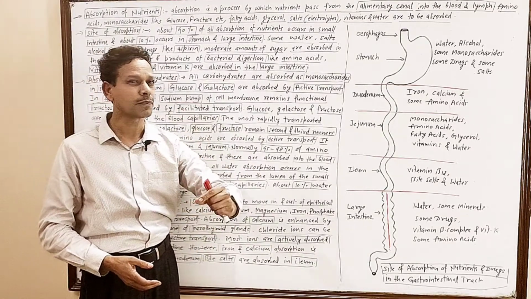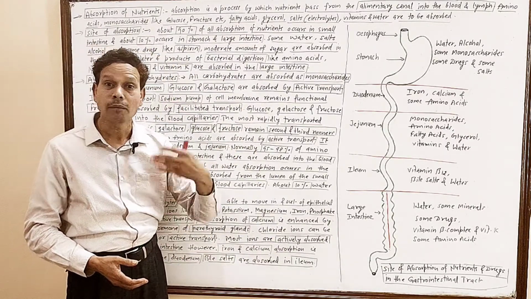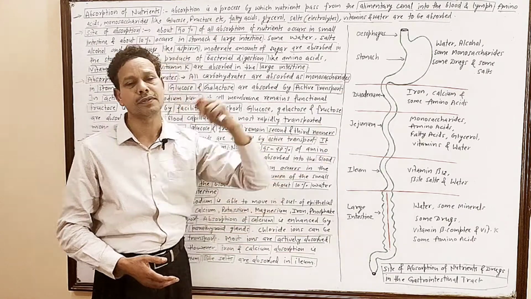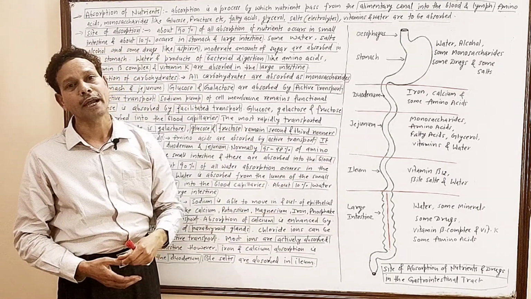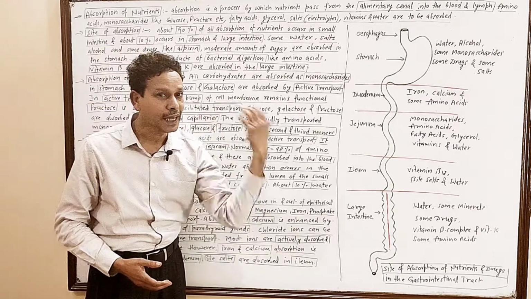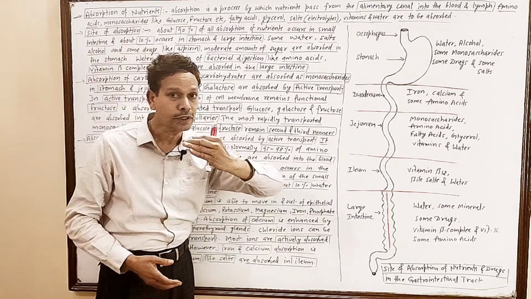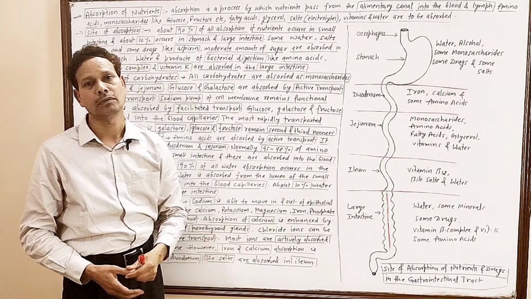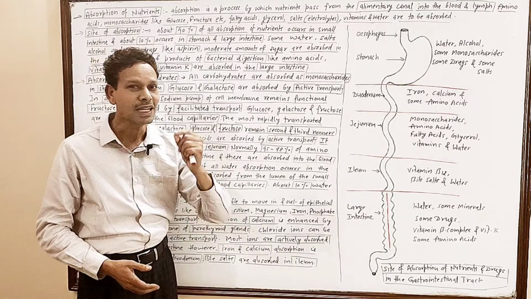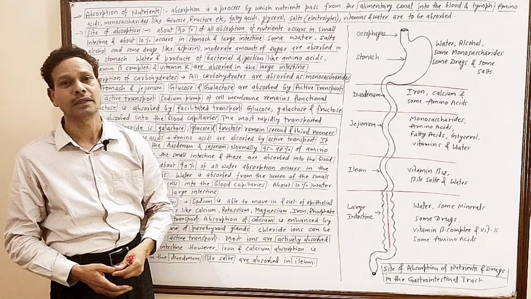In active transport, a carrier molecule is involved, and that carrier protein carries these monosaccharides against a concentration gradient, from low concentration to high concentration. This process requires metabolic energy.